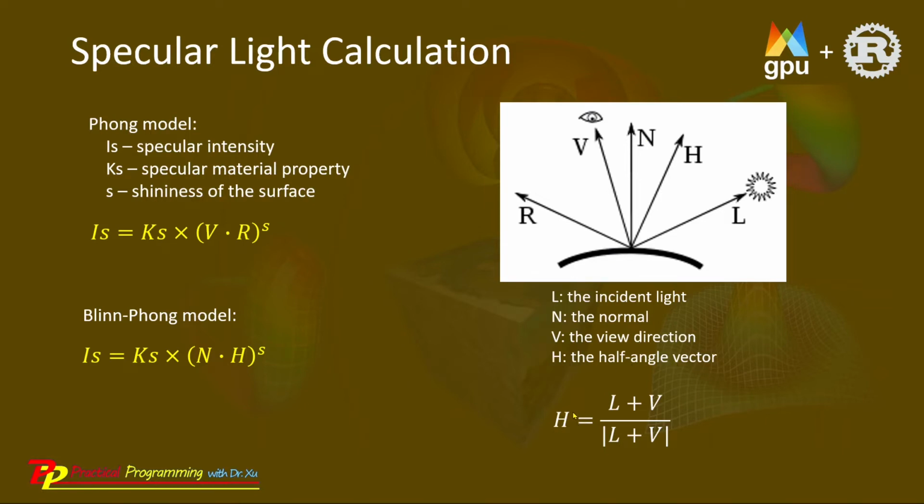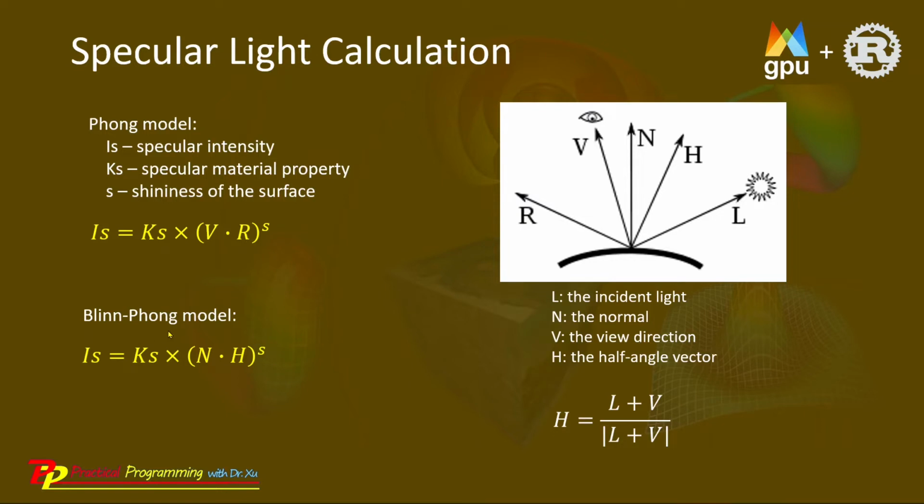Its definition is L plus V, the light direction plus the view direction, normalized by the length of L plus V. So here we use N, the normal vector, dot H, the half angle vector, instead of V dot R in the Phong model.